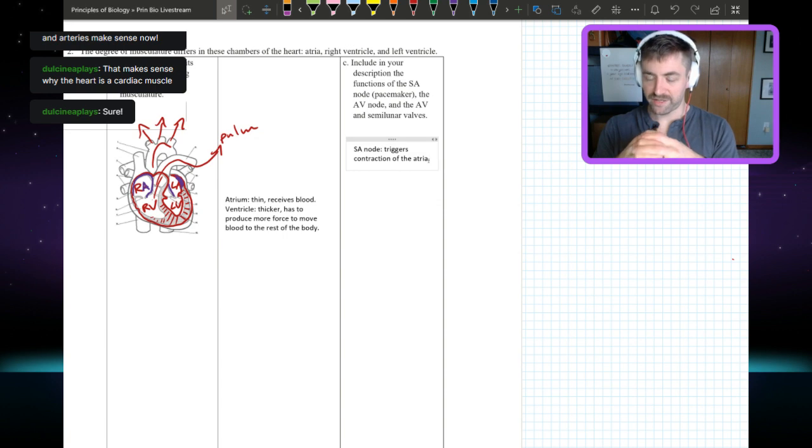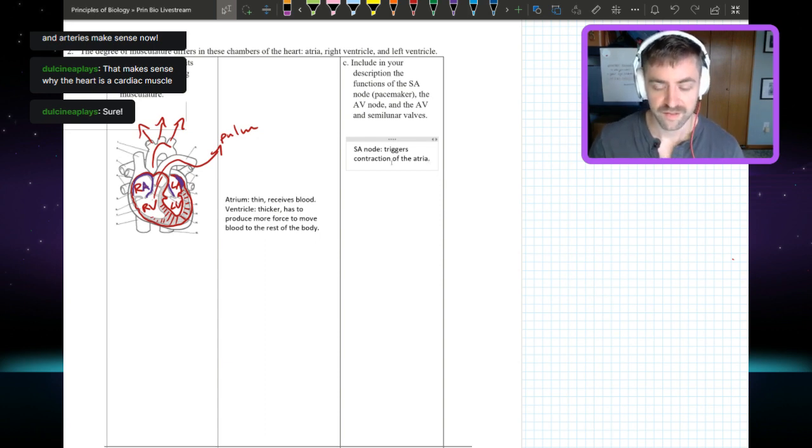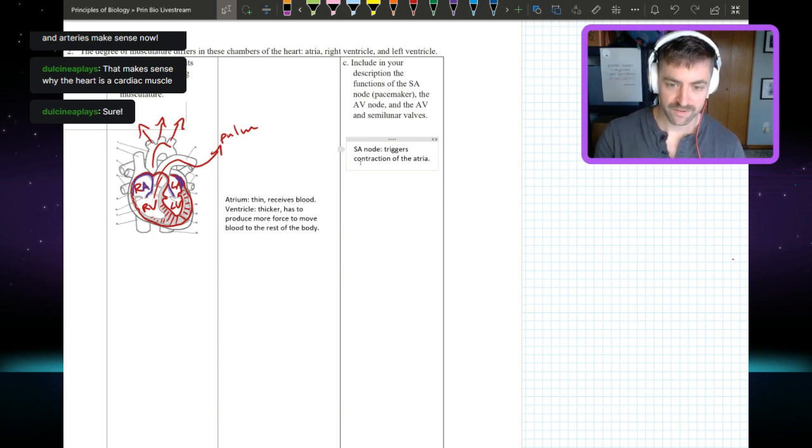So blood's in the atria, the SA node triggers contraction of the atrium, pushing blood into the ventricle. This signal, the SA signal, is delayed at the AV node, which allows the atria to empty before the ventricles are signaled to contract.